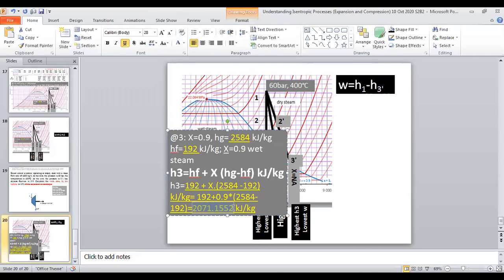Now you can calculate this. 0.9 times 2584 minus 192.